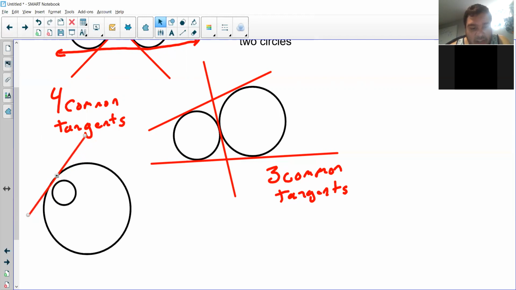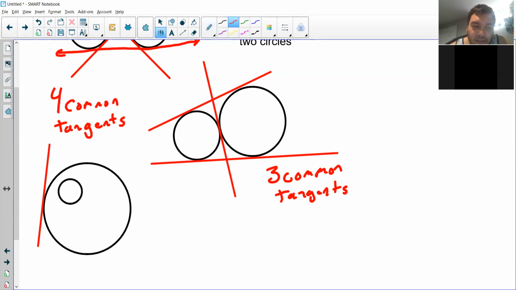So I can't put it inside like that, which means there's no way I could hit the circle without going inside.